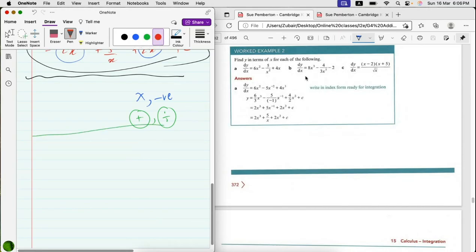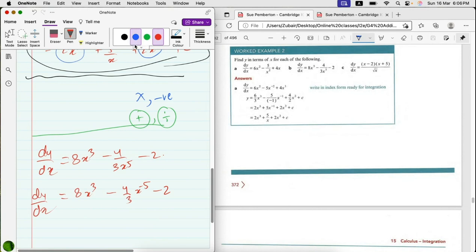So dy by dx is equal to 8x cube over 4 minus 3x to the 5 minus 2. So first thing, I'm writing it as a numerator dy by dx. Now when I'll integrate, this becomes y. So just the reverse.